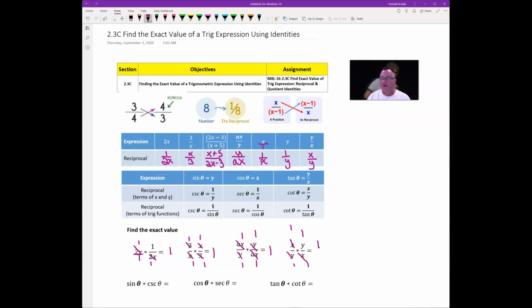Alright, so let's take a look at when we do this with trig functions. We already know that the sine is the y-coordinate if we're working on the unit circle, so we know that the radius is 1.